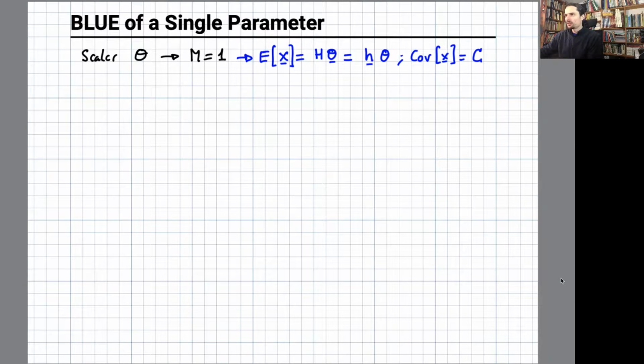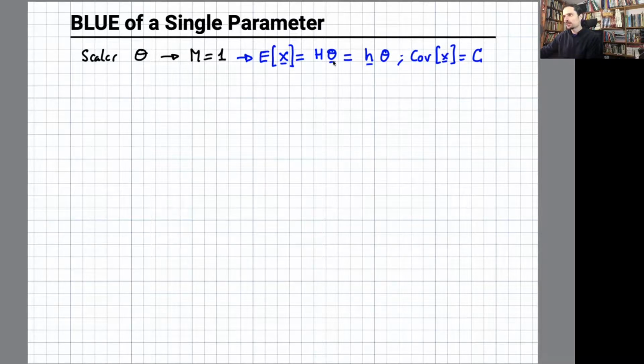Let's start by looking at the case where we want to estimate only one parameter, right? So in that case, our vector theta boils down to a scalar, okay? And in our notation, m, which is the number of parameters, must equal 1. So the assumption that the data is a linear function of theta reduces to this expression here.